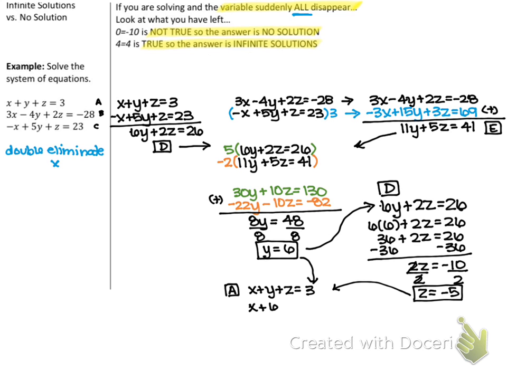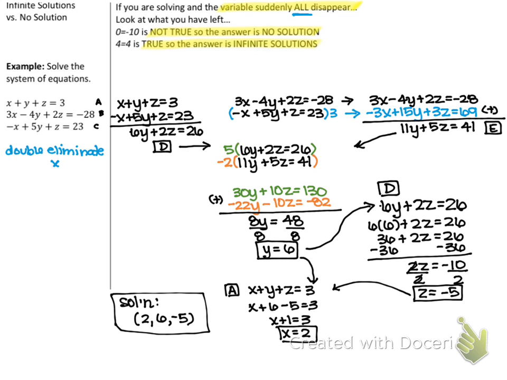I do know what Y is. I do know what Z is. Looks like X is going to be equal to 2. And then write your answer as a triple. So X comes first, which was 2. Y comes second. Z comes third. And then I am going to do the same thing that I talked about on the previous slide. I'm going to plug it back into the original equations and actually make sure that these work for all of them, which I did, and they do.